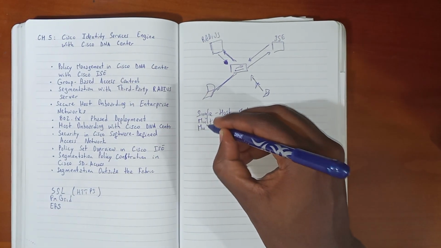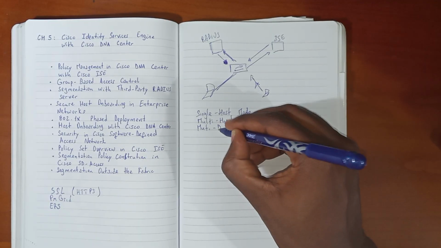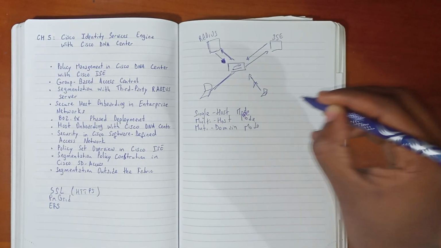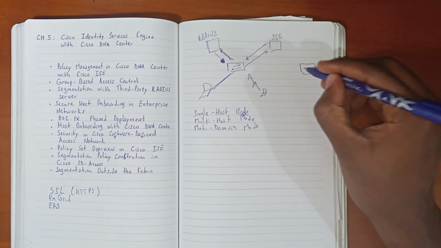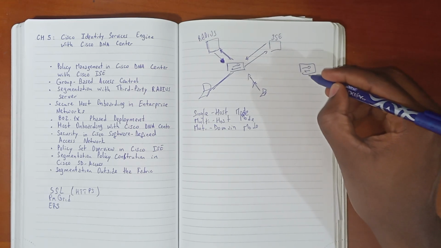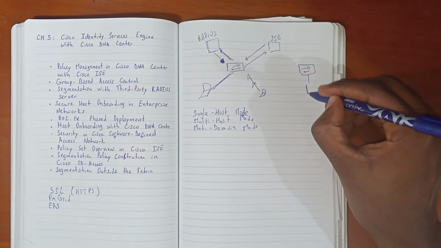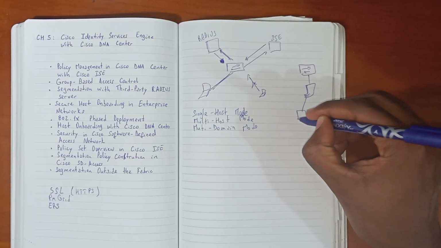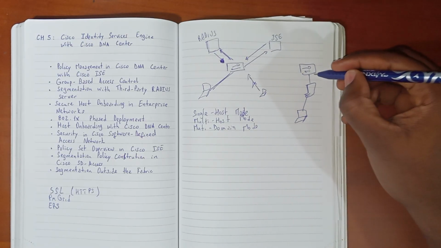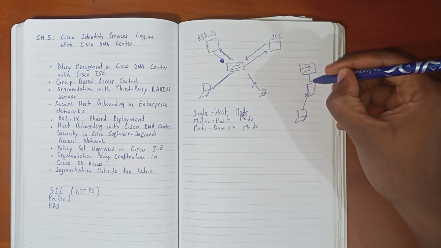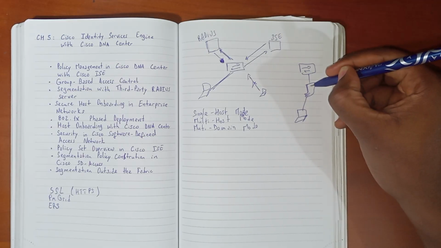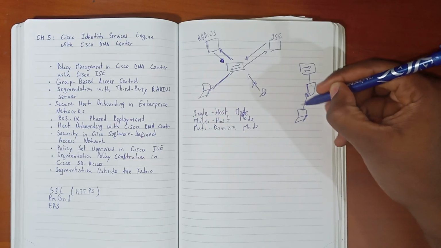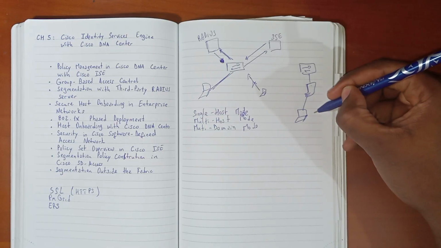The third one is multi-domain mode. We can have a port of the switch being used with one phone, and after the phone we have a laptop. So this switch authenticates the phone, giving a VLAN to the phone, and then it also authenticates the computer, giving a VLAN to the computer.